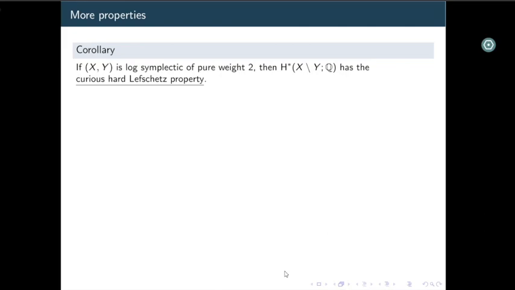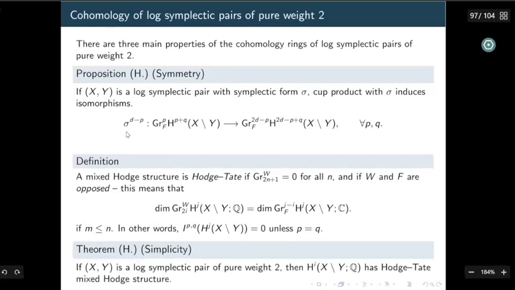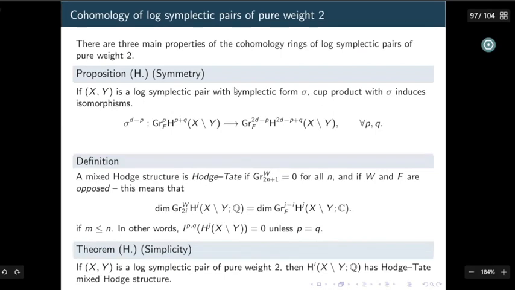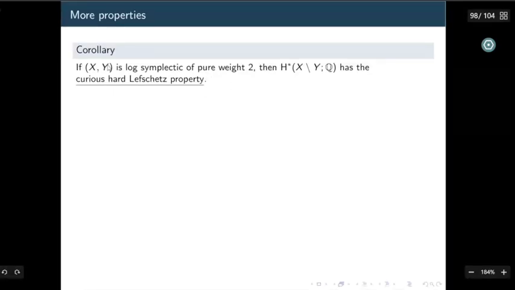This means essentially that there's some element in this cohomology ring whose cup product acts like a relative anti-canonical class or relative ample class of a fibration on this thing. It's related to the P=W conjecture and stuff like this. So what we have is that the cohomology rings of log symplectic pairs have the curious hard Lefschetz property if the symplectic form is pure weight 2.